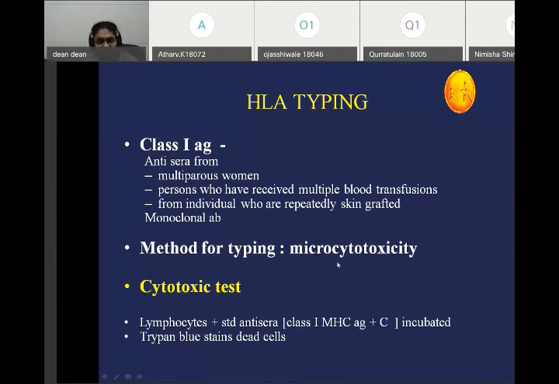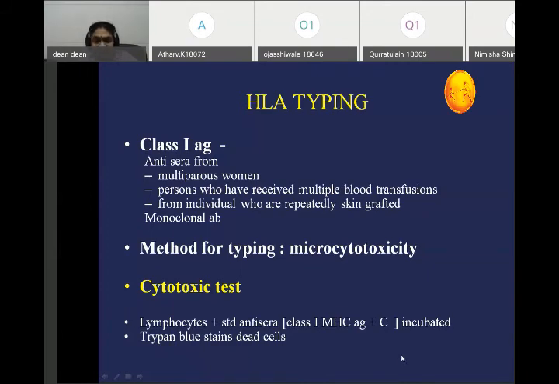The method used is called microcytotoxicity, where the lymphocytes are mixed with the standard anti-sera consisting of antibody in the presence of complement, and then incubated. After incubation it is mixed with trypan blue.